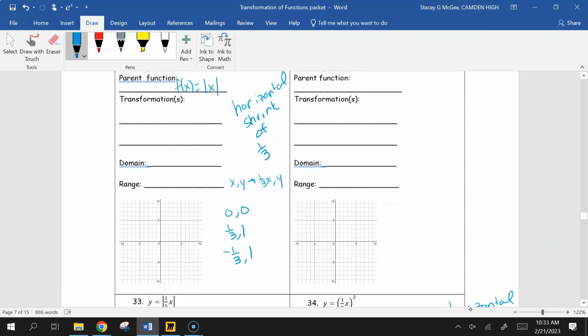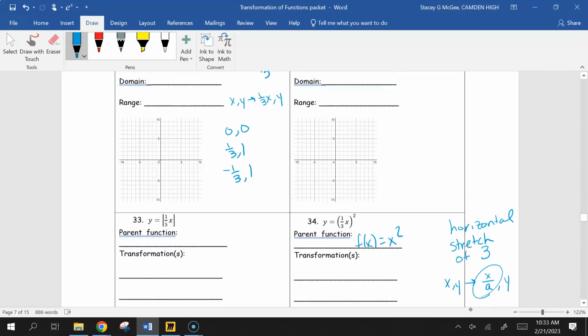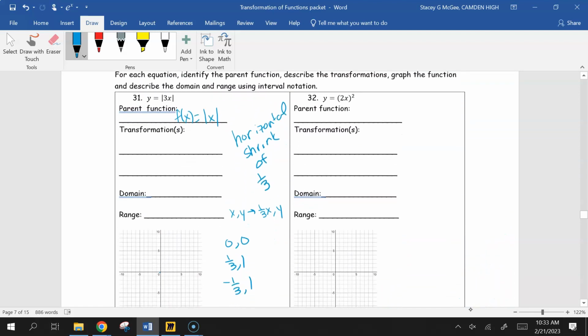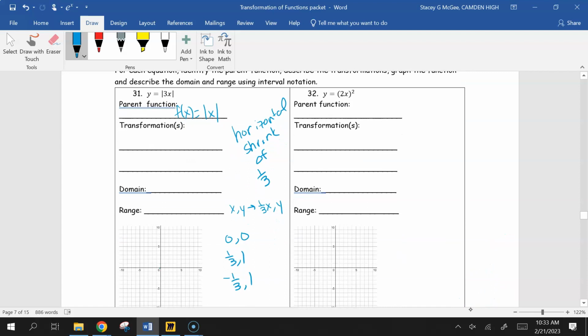Which other one did you say? 36? 32. So same thing here, only this is quadratic. Again, it's horizontal, but it's going to be a shrink because it's the opposite. And it's going to be a shrink of a half.